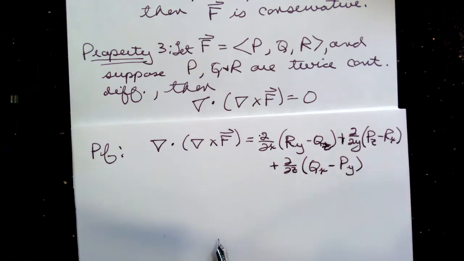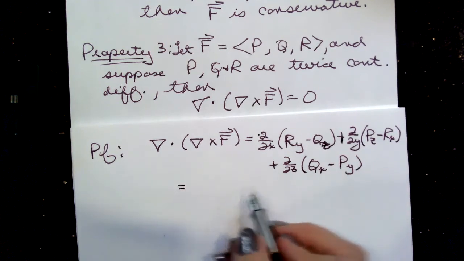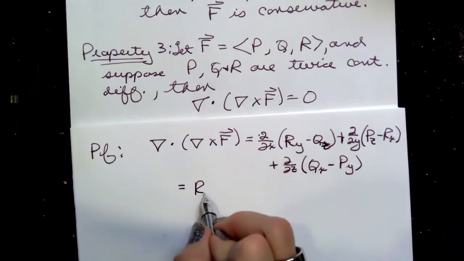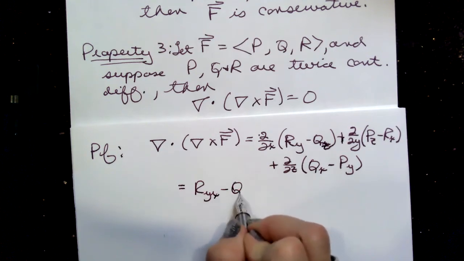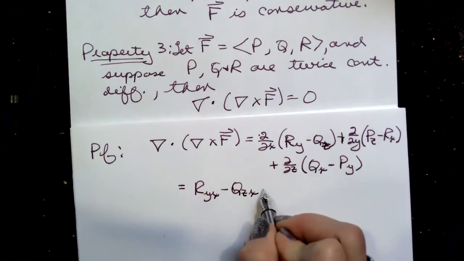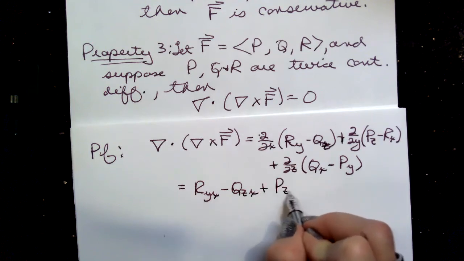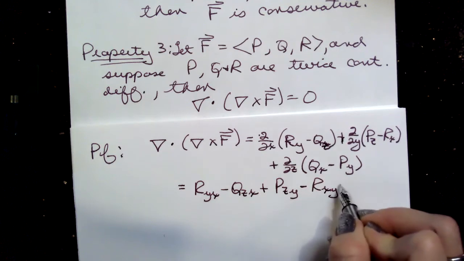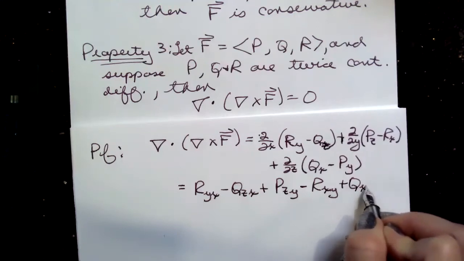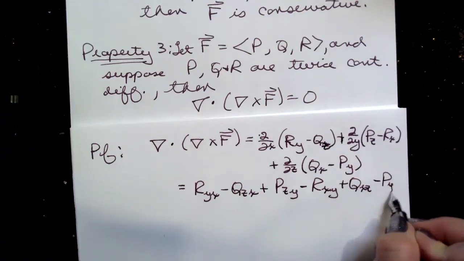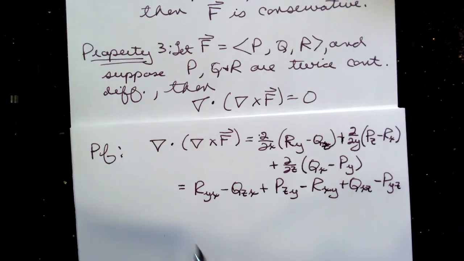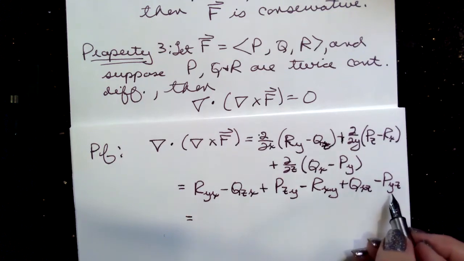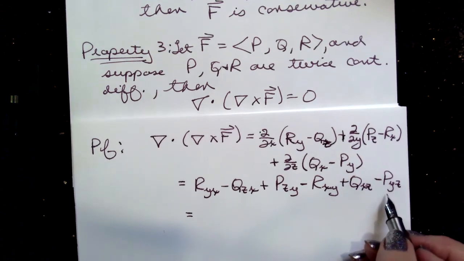Okay. All right, so now let's write that out. When I take this, it gives me R_yx minus Q_zx plus P_zy minus R_xy plus Q_xz minus P_yz. Now we remember that when the second partials are all continuous, they're equal.